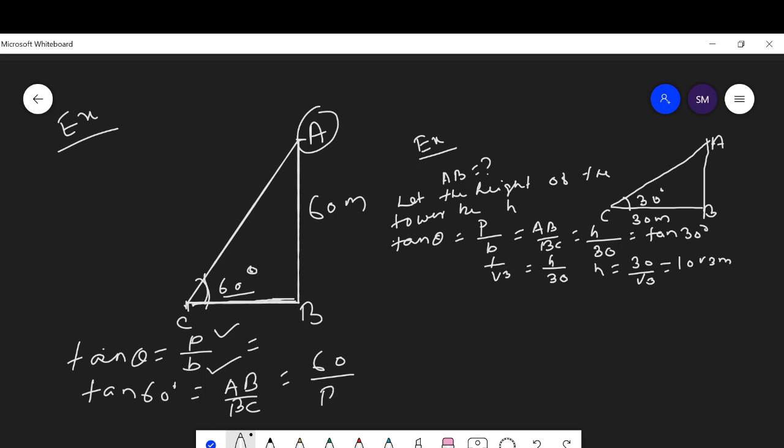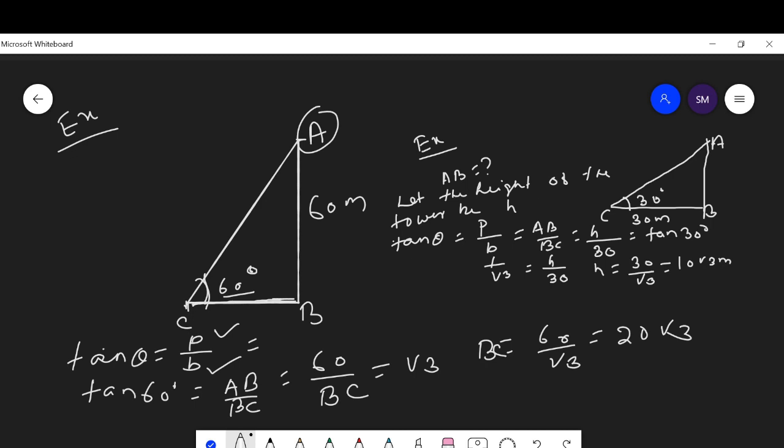You don't know the value of BC, but tan 60 degree is root 3, which implies BC is equal to 60 upon root 3, which is equal to 20 root 3.